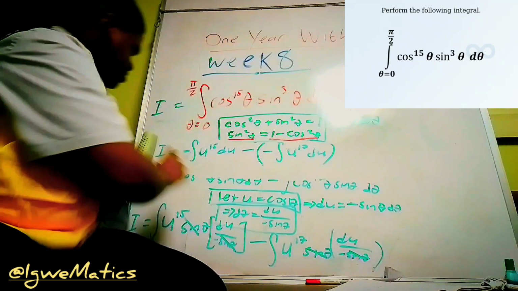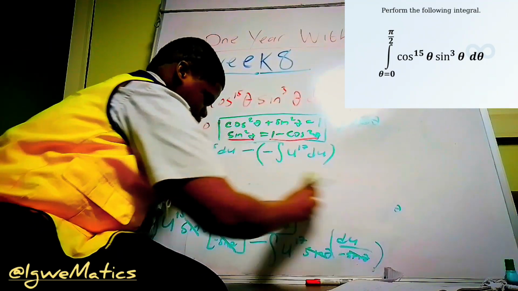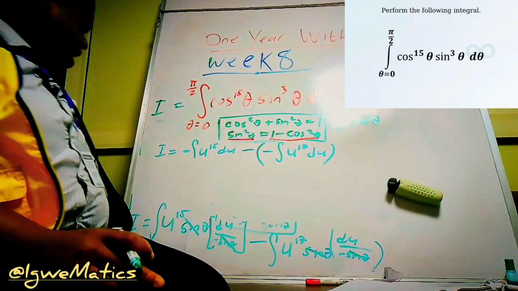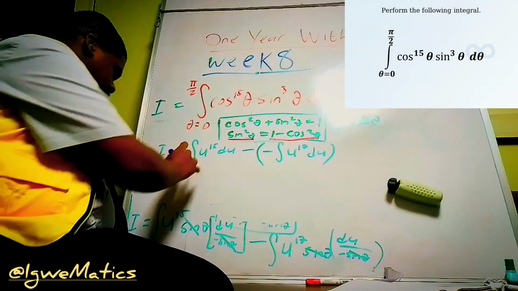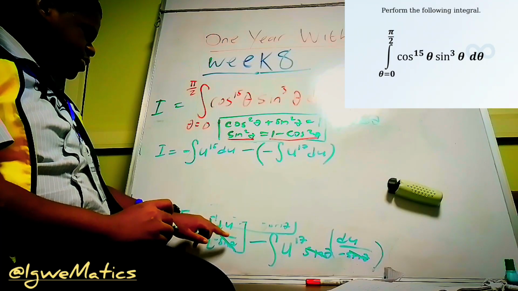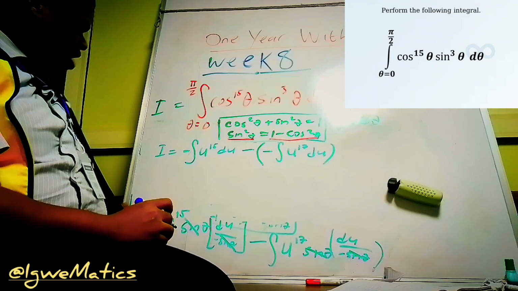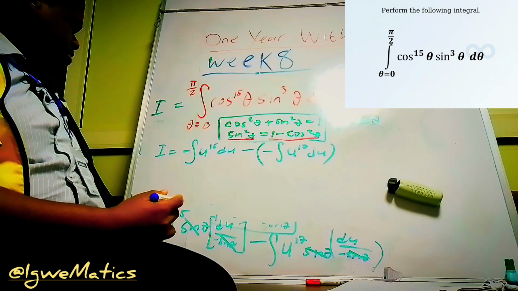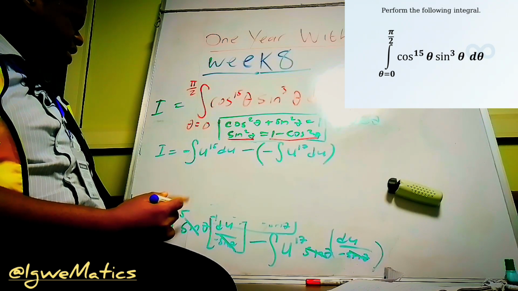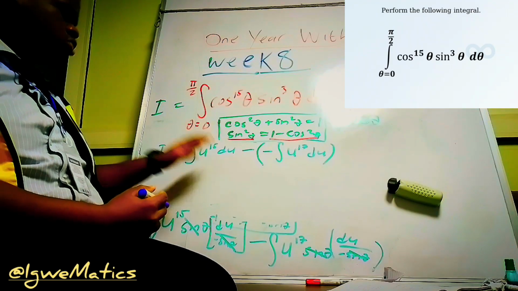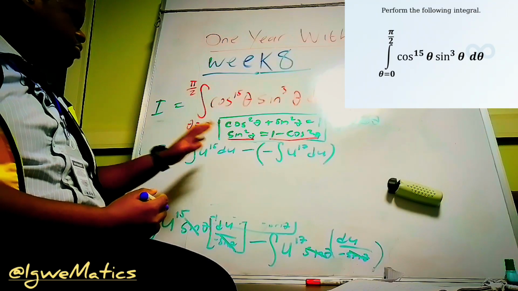I'll go over this again. Here we have I equal to the integral of u to the power of 15 times minus du. I brought out the minus because minus 1 is a constant. So we have minus 1 times the integral of u to the power of 15 du. It's not going to be minus du again because I brought out the minus already. So it's just going to be du.